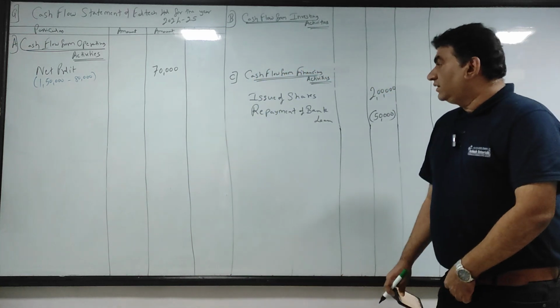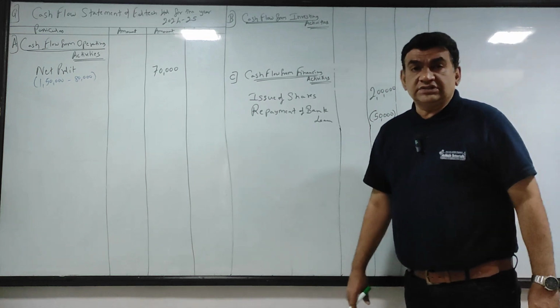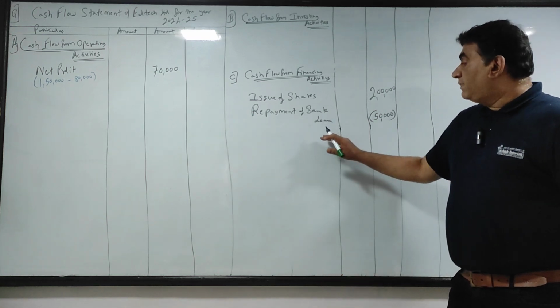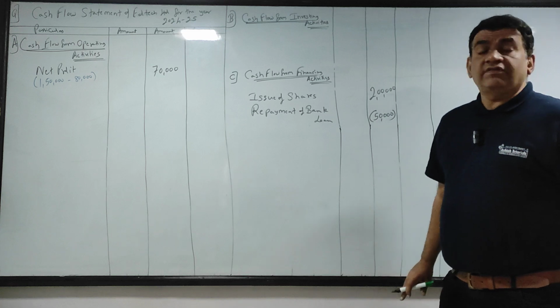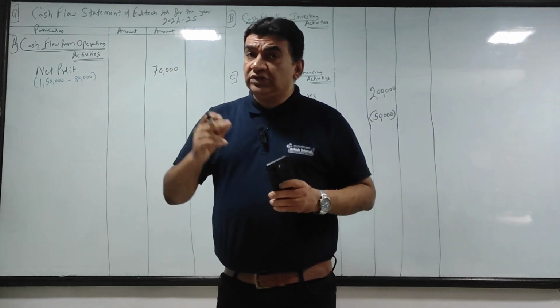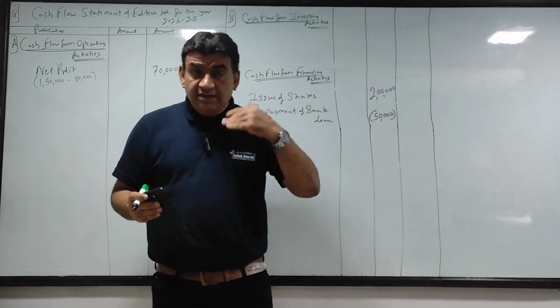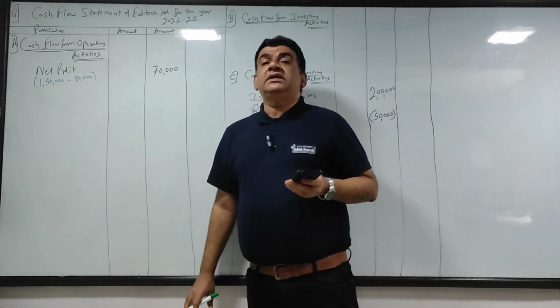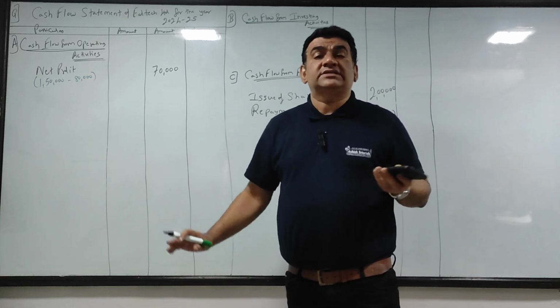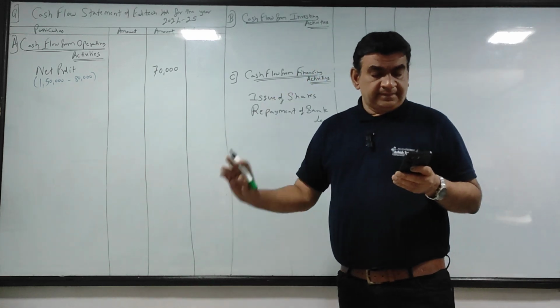So repayment of bank loan negative 50,000. I'll repeat again. If bank loan taken had increased, money is coming in. But it has reduced, so the bank loan is repaid, therefore it's a payment, and for a payment it is negative.